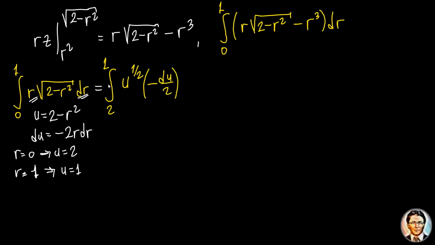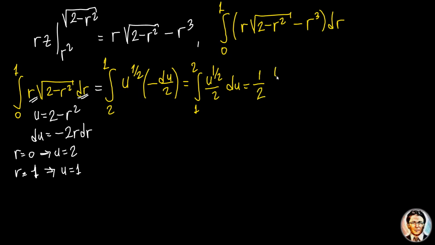If you want, switch the limits and get rid of the negative. So if I say 1 to 2, u to the 1 over 2 du, this will be fine.